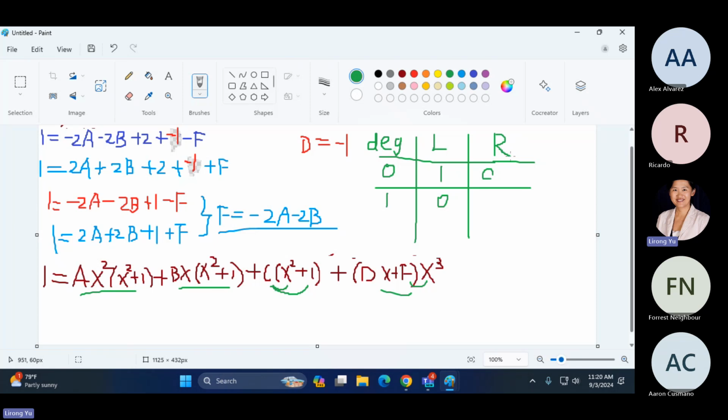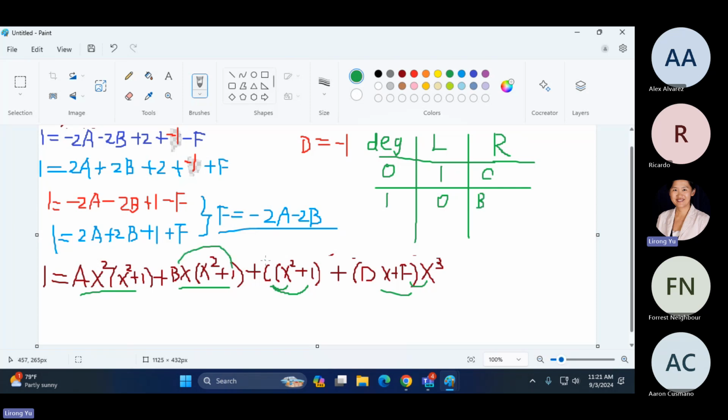On the right side of the equation, there's degree 2 and degree 4, degree 3 and degree 1. So there's a B on the right side, and that is degree 1.